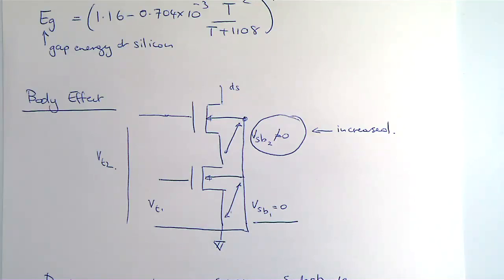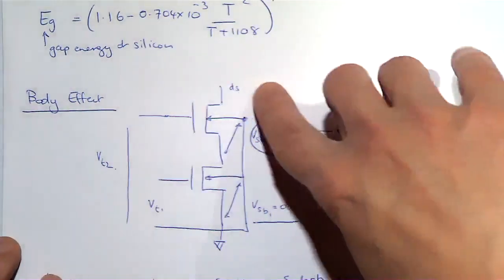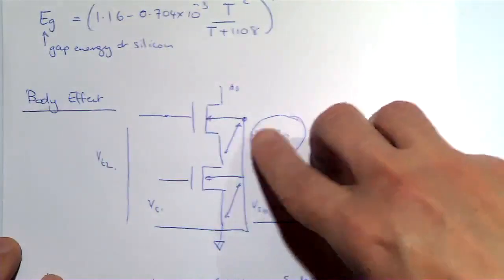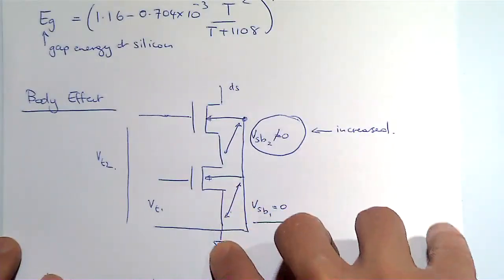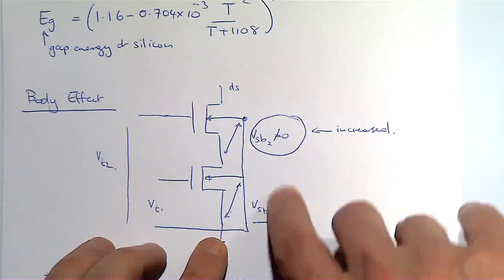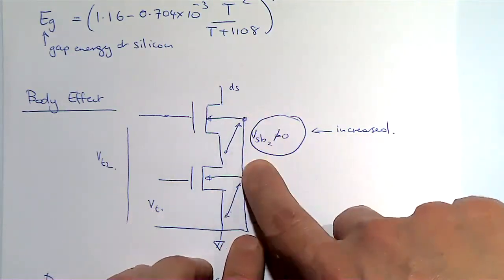But the point here is as you do this, what you start seeing is that in this particular case, the substrate to body voltage is zero, but it's not necessarily zero here.